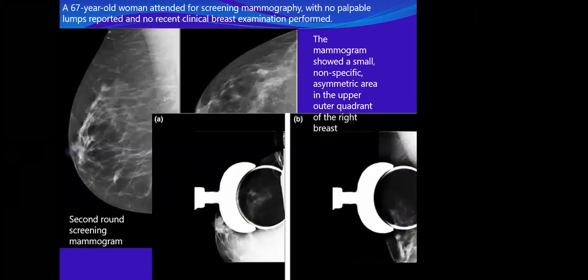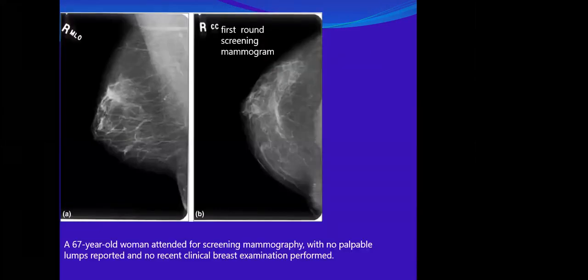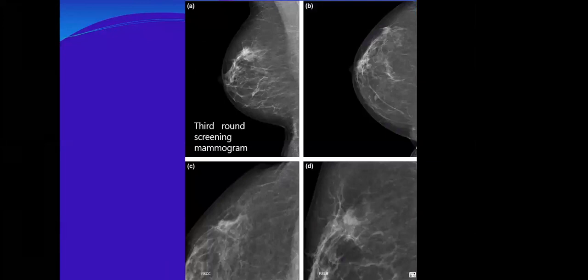Look for this asymmetry. Concentrate on it. I couldn't see it on the previous image. So it is now a developing asymmetry. Yes, you are dealing with a developing asymmetry.